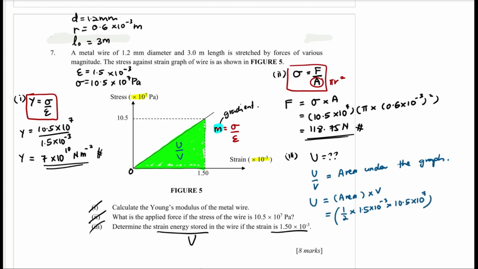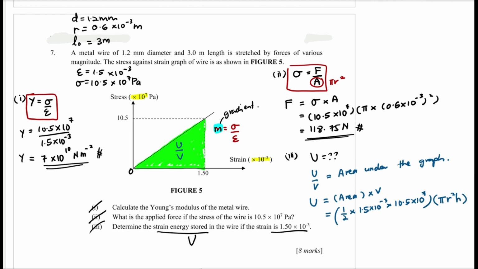And then the volume. So how to calculate the volume of the cylinder? Remember, you must know the formula, pi r squared h. H here is the height.